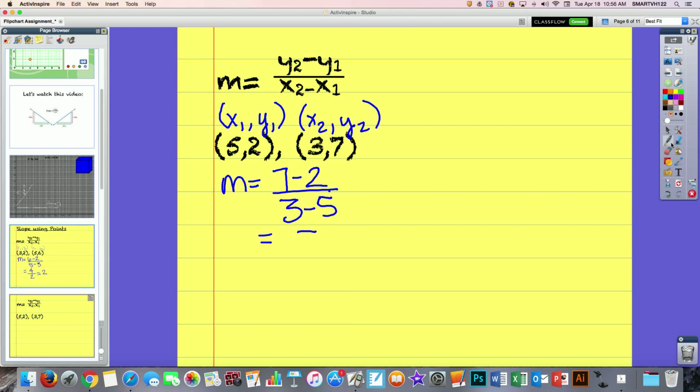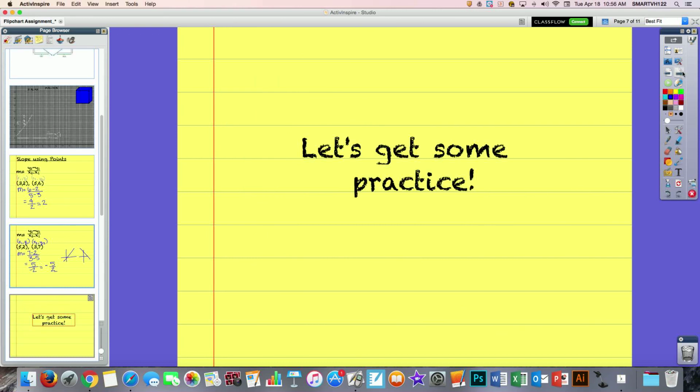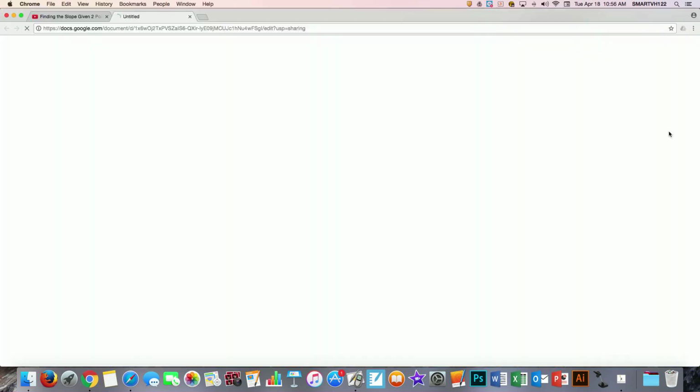So we've got 5 over negative 2, which is the same thing as negative 5 over 2. And that means that instead of the line going like this, the line's going to go like this. So let's get some practice.